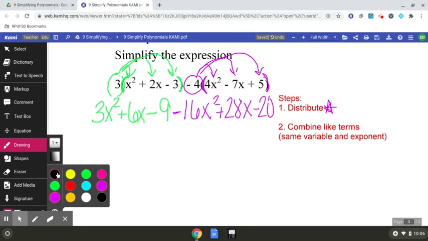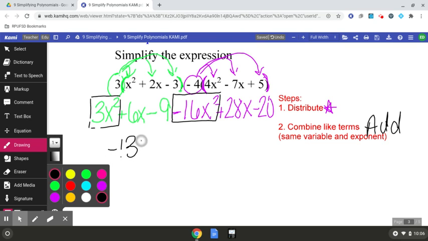Now you've done that, you're just going to combine like terms, which just remember you are then adding. So we're going to start with our highest exponent, which is the x squared. So 3x squared and negative 16x squared. If we add those together, we would get negative 13x squared.